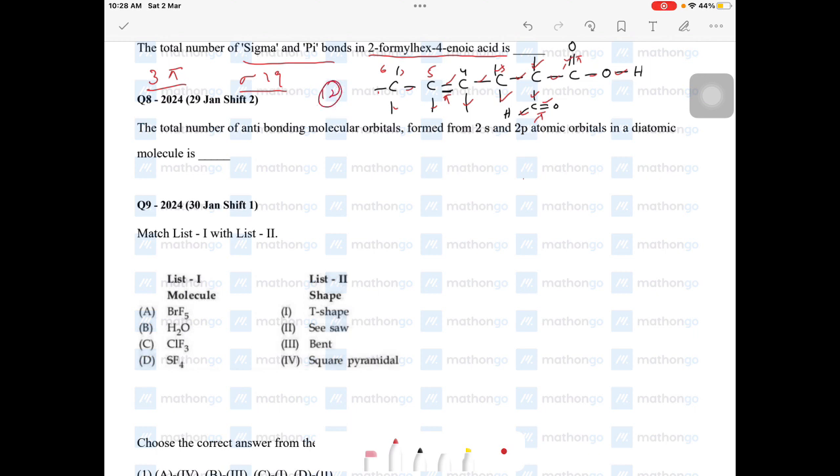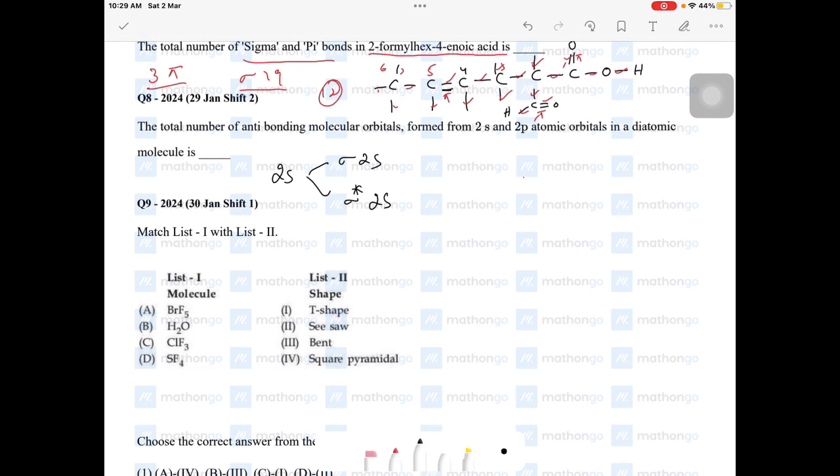The next question: the total number of antibonding molecular orbitals formed from 2s and 2p atomic orbitals in a diatomic molecule. 2s forms sigma 2s and sigma star 2s. 2p forms sigma 2pz, pi 2px, pi 2py, sigma star 2pz, and pi star 2px equal to pi star 2py.